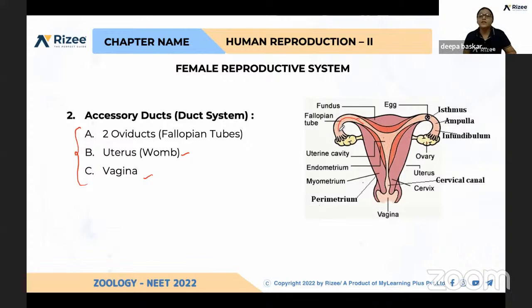This fallopian tube has different parts, and the uterus also has different sections, like upper part, middle part, and lower part. The uterus is also attached to the abdominal wall with the help of ligaments. And the lowermost part of the female genitalia is the vagina.